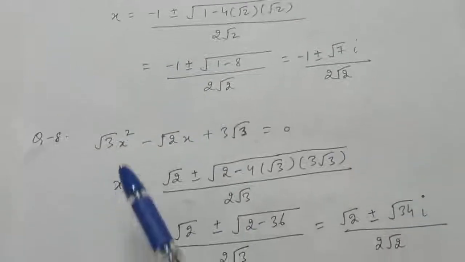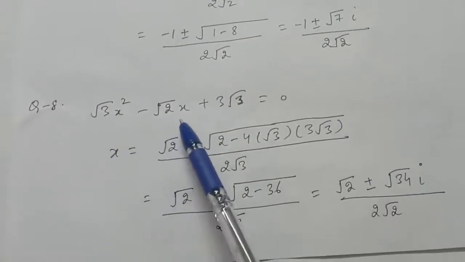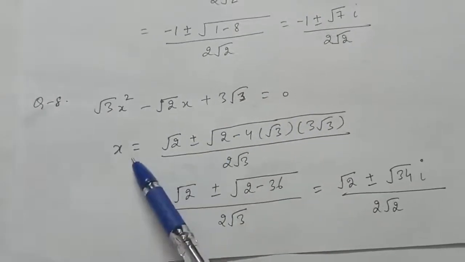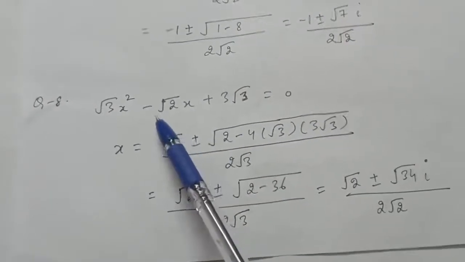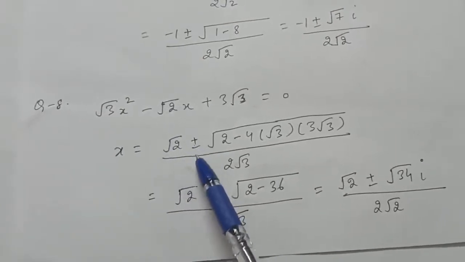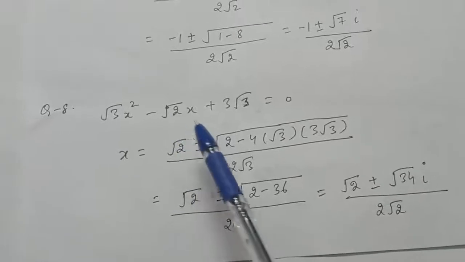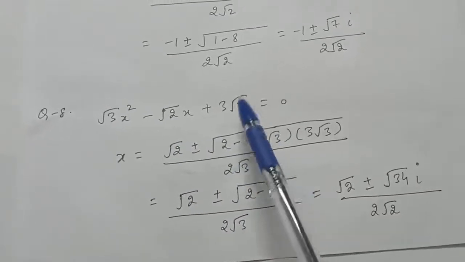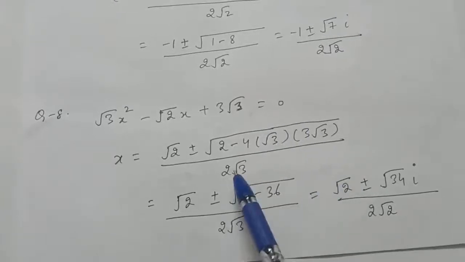Now question number 8 is root 3 x square minus root 2 x plus 3 root 3 equal to 0. So x is equal to minus of b. Now b is minus root 2, therefore minus of b is root 2, plus minus root b square, it will be 2, minus 4ac upon 2a.